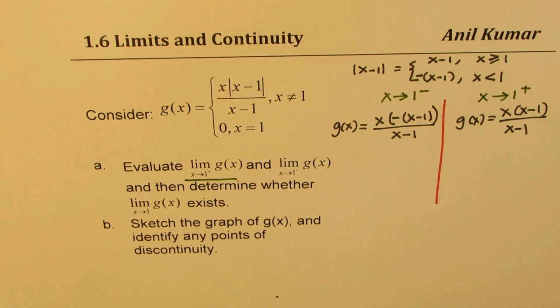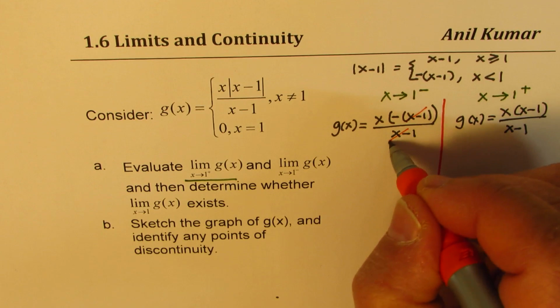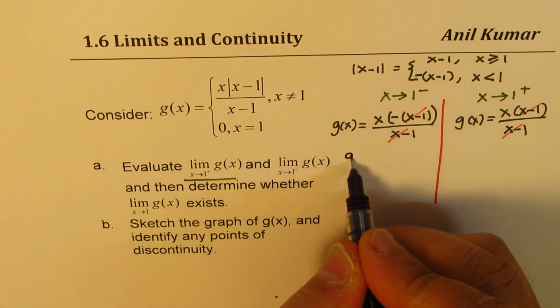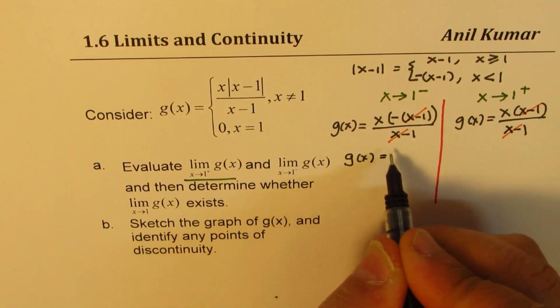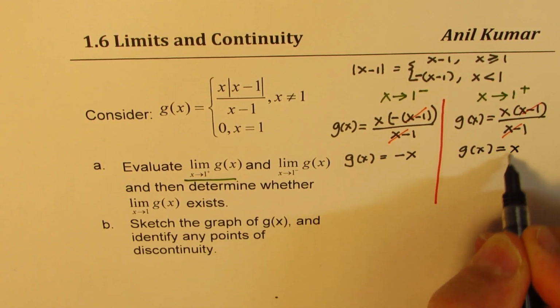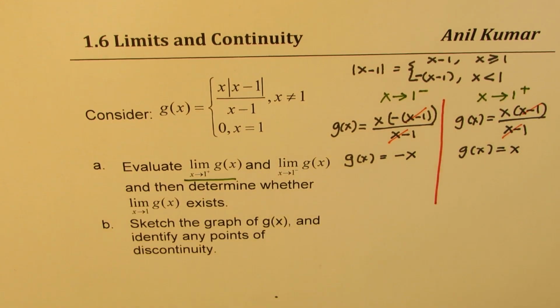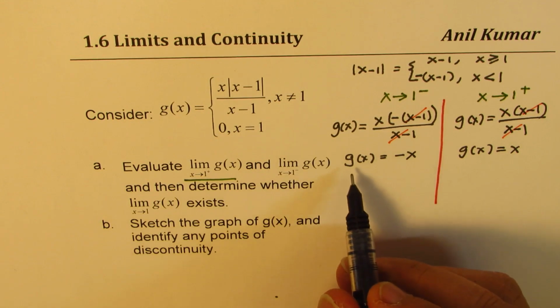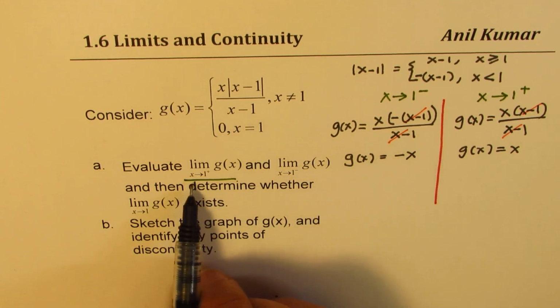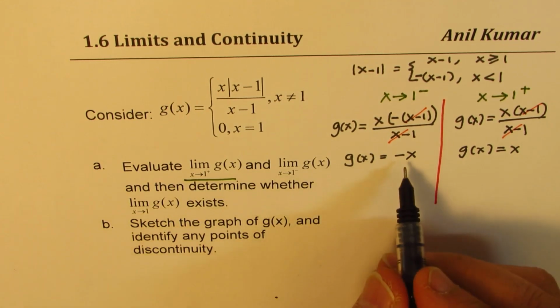Now we can actually cancel x minus 1 and x minus 1. These factors, you are left with g of x equal to minus x here and g of x equal to x when you're approaching from the right side. Clear? So it is absolutely clear from here that the limit when you approach 1 from the right side is 1, and from the left side, it should be minus 1.